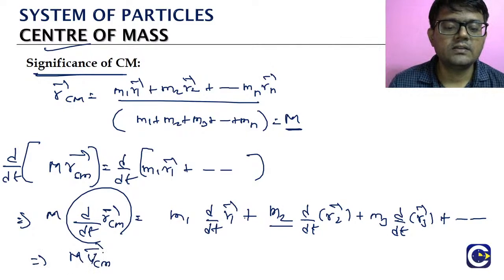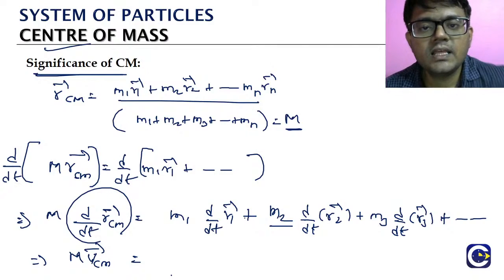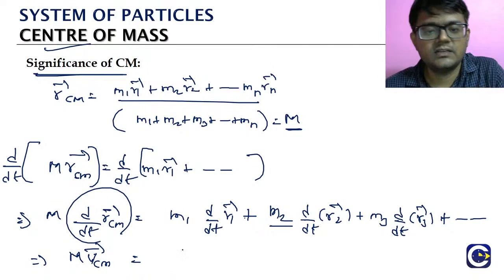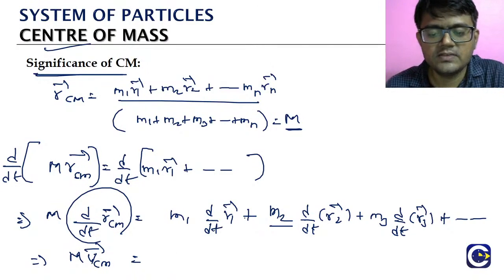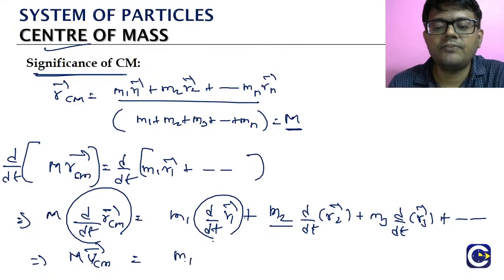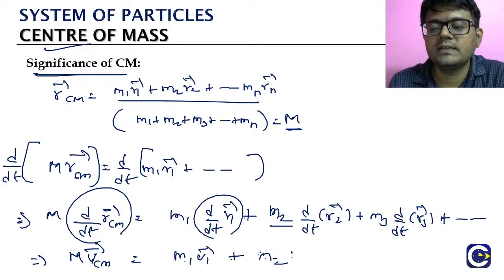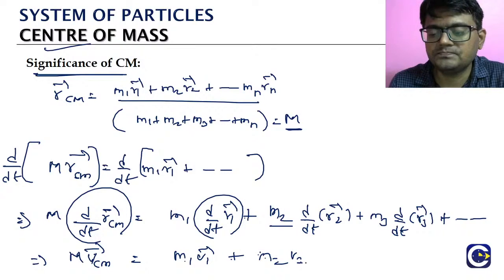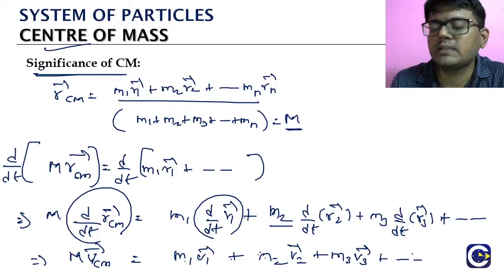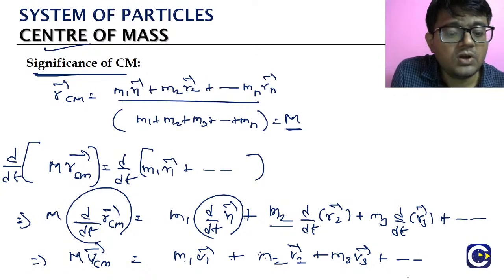It is the velocity, right? For any particle, what is the time derivative of its position vector? Velocity. So the time derivative of the position vector of particle 1 is particle 1's velocity, similarly particle 2's velocity, particle 3's velocity and so on. So what result is coming here?